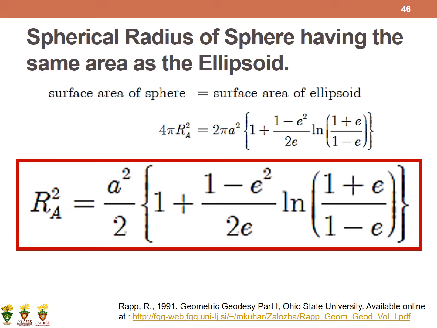So if we manipulate these equations into simpler variables, in terms of Ra squared, the same area as the ellipsoid, we can have a squared over 2 times the quantity of 1 plus (1 minus e squared) over 2e times the logarithmic function of (1 plus e) all over (1 minus e).